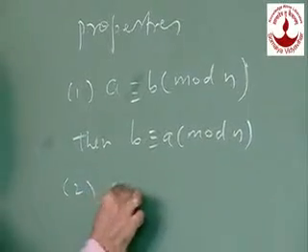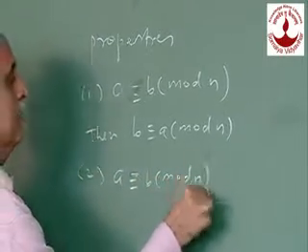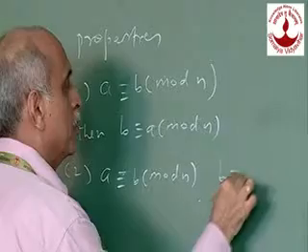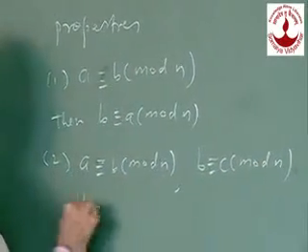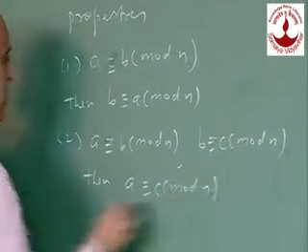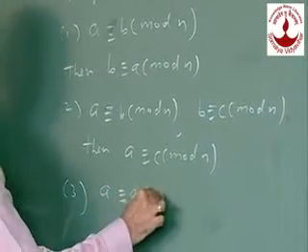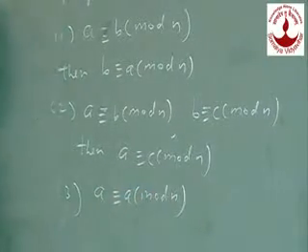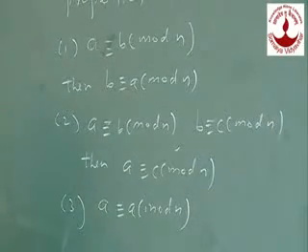Second property we need: if a is congruent to b modulo n, and b is congruent to c modulo n, then a is congruent to c modulo n. The third one, every number is congruent to the number itself, because the difference 0 is divisible by any non-zero number.